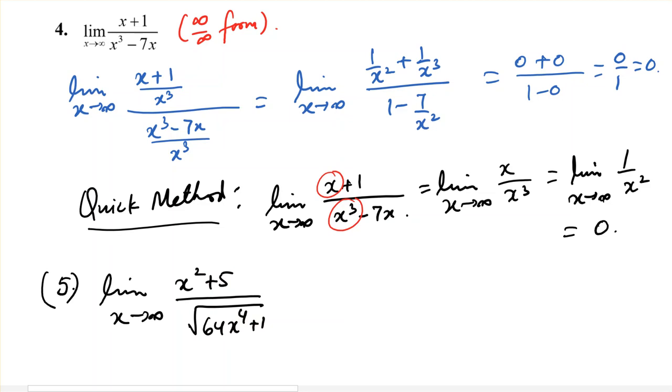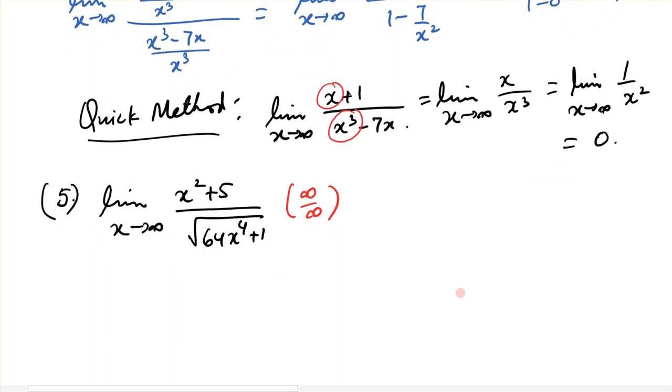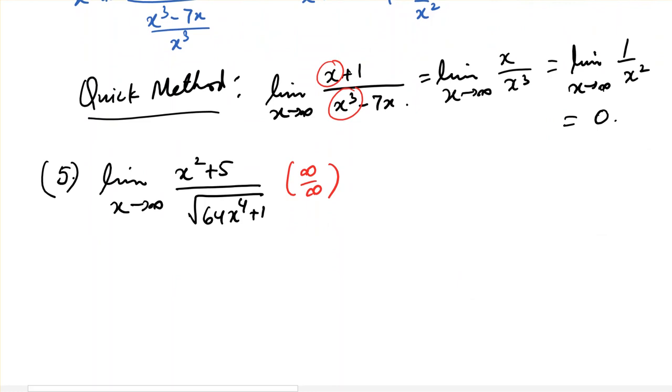In this case, if we plug in the value of x, we get infinity over infinity form, which is an indeterminate form. And the method remains the same. The quick method is to look at the leading terms, and the longer method, if your teacher really likes to see all the steps, is to divide by the highest power of the denominator.